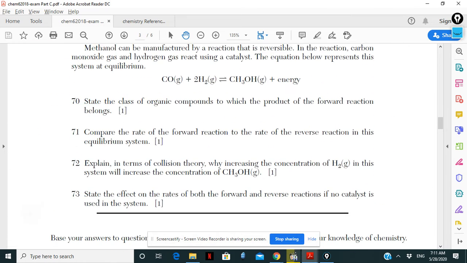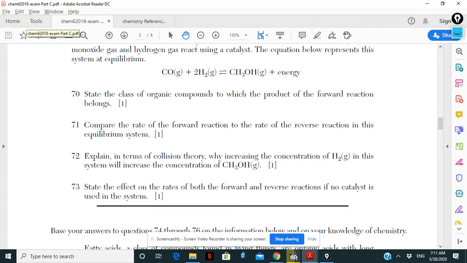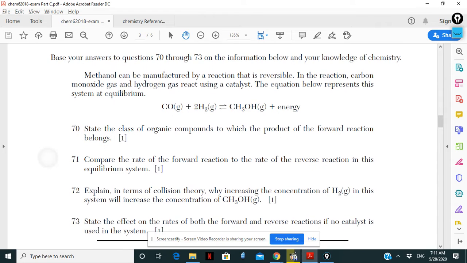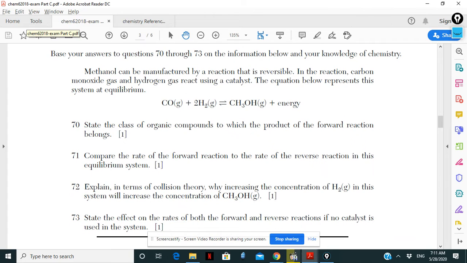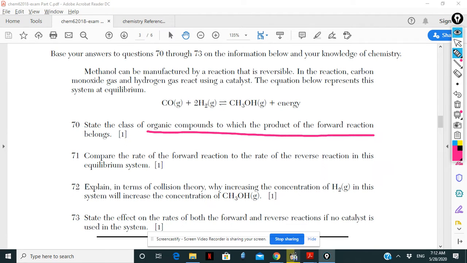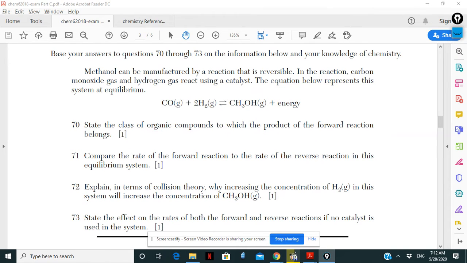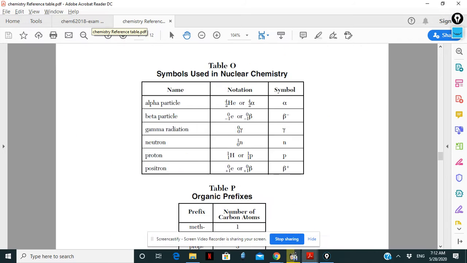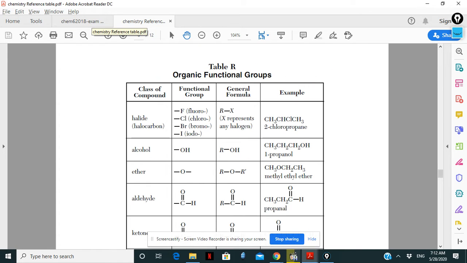Questions number 70 through 73 relate to the reaction for the formation of methanol from carbon dioxide and H2. Now, it asks for the organic compound to which the product of the forward reaction belongs. So look here, I have OH. I'm looking at the reference sheet for the functional group.